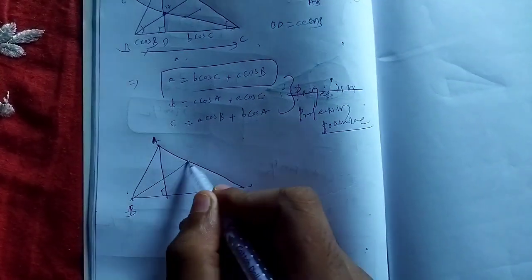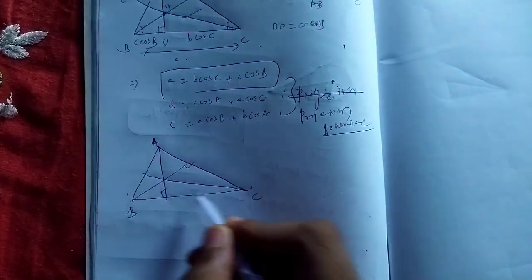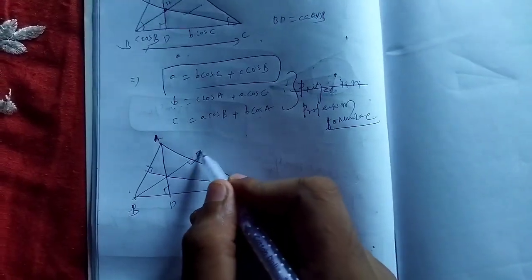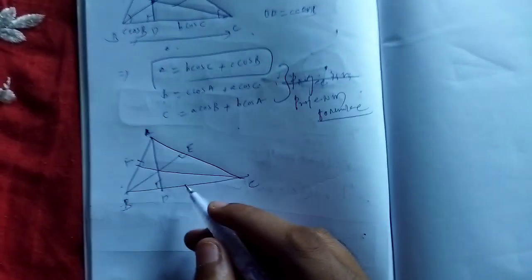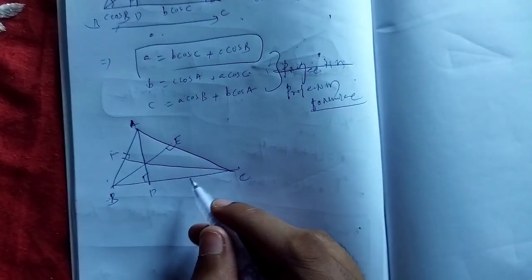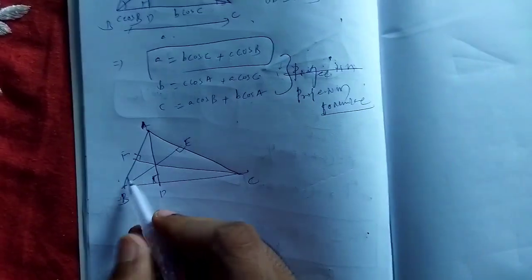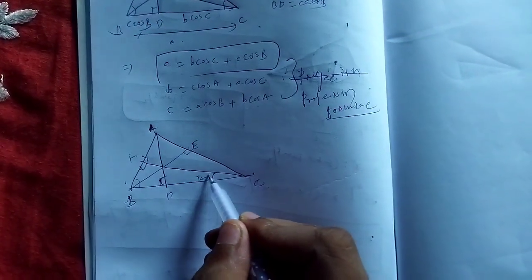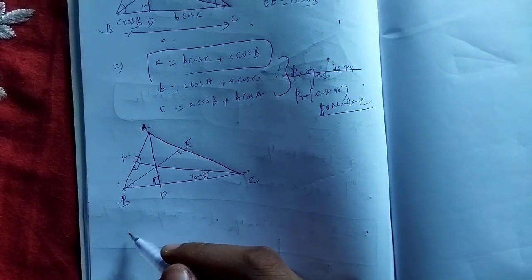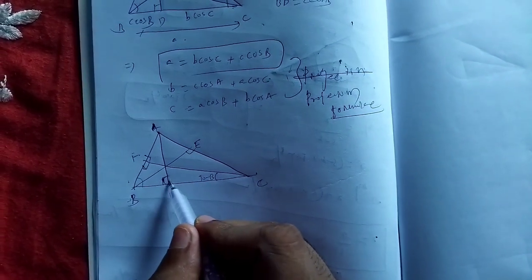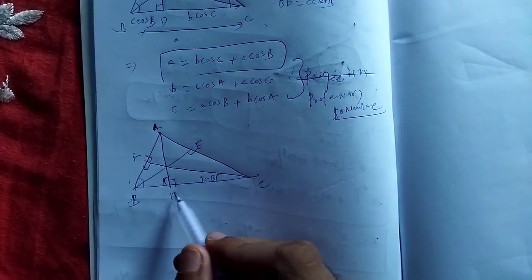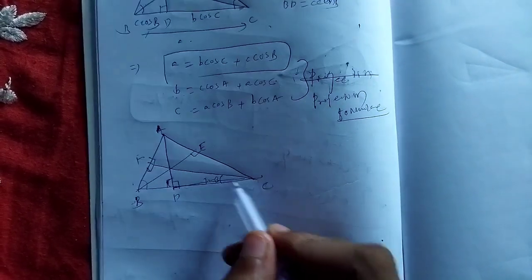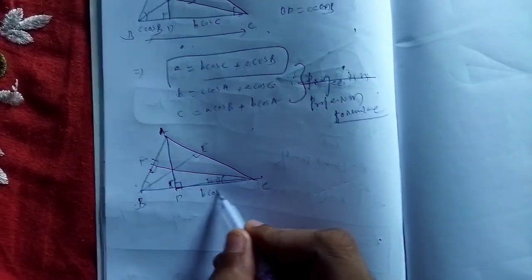This is an altitude, this is an altitude, this is an altitude: D, E, F, right? So if this is 90 and this is B, it is 90 minus B, right? And from the above, it is b cos C.